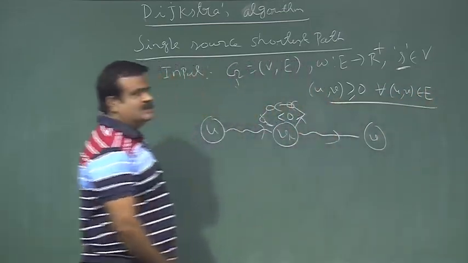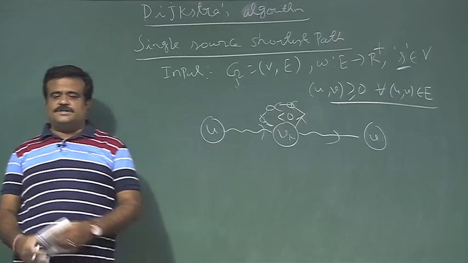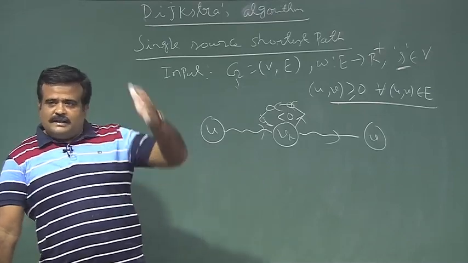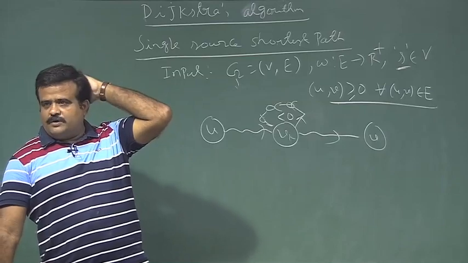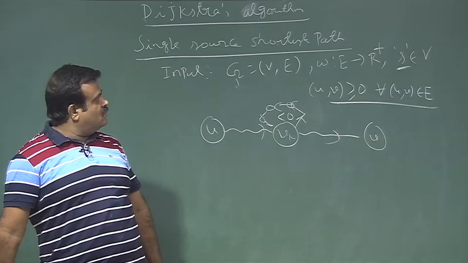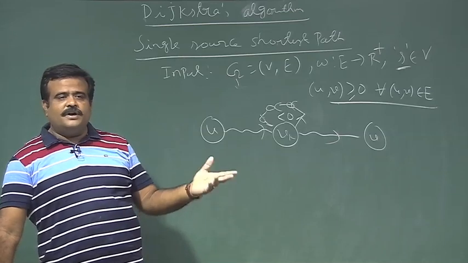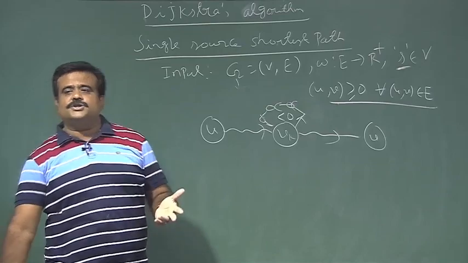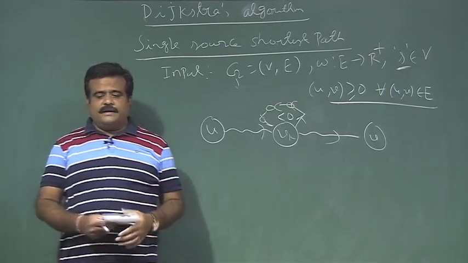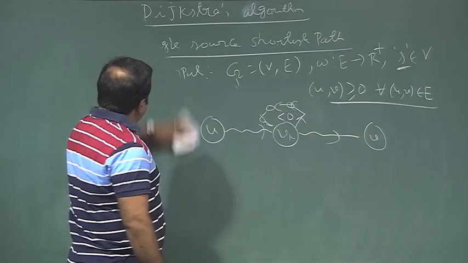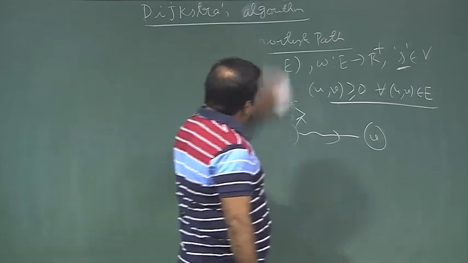This is one of the assumptions for Dijkstra's algorithm, because Dijkstra's algorithm cannot handle the negative weight cycle. So to be on the safe side, we take every weight to be positive. If the weight is non-negative, then there is no question of having a negative cycle in a path. Okay. So this is the input and the output is the deltas.